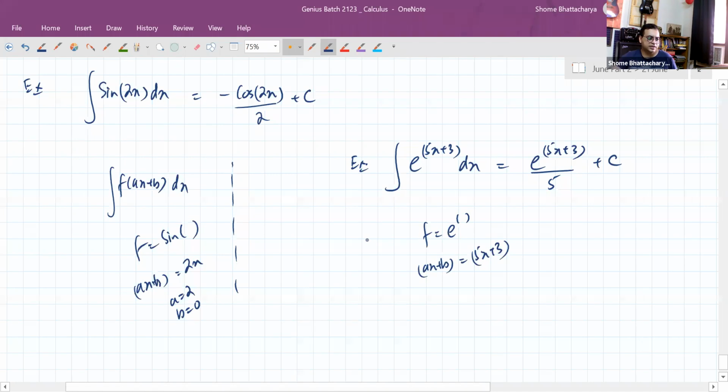So any integration like this we can do directly now. These are all examples of this.